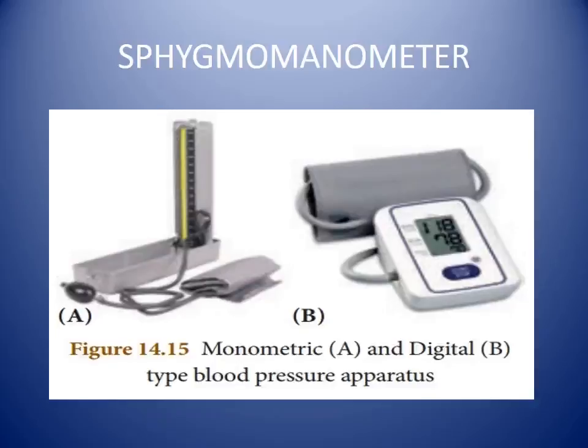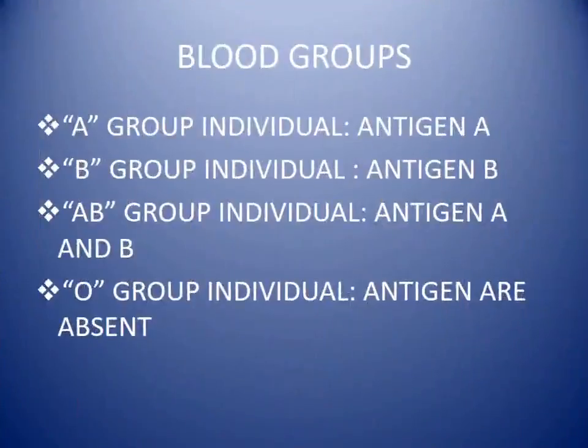Next we have to see blood groups. The concept of blood grouping was developed by Karl Landsteiner. He identified blood groups A, B, O and AB.